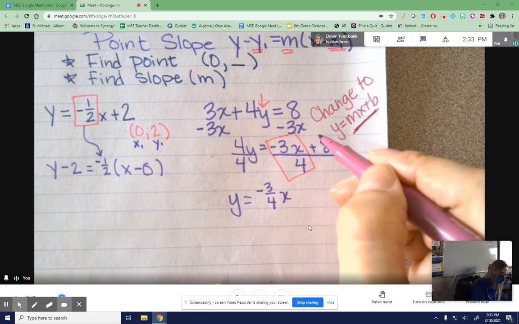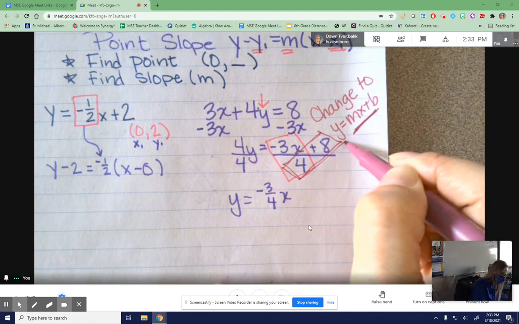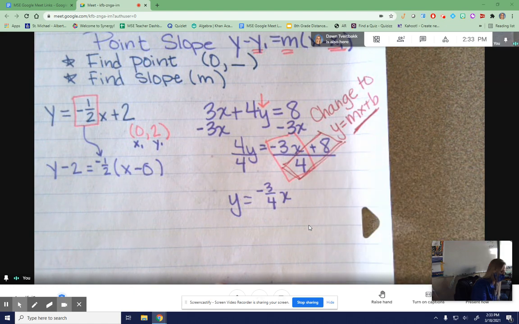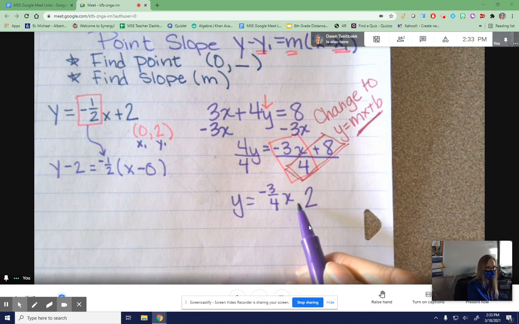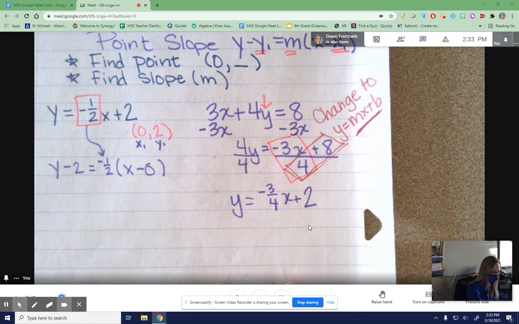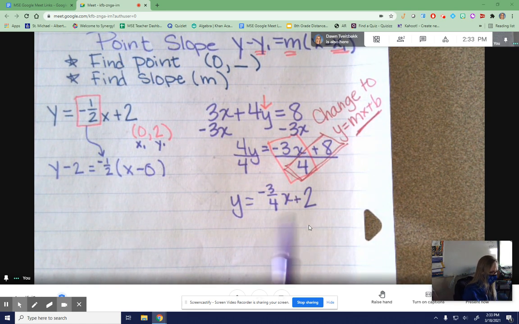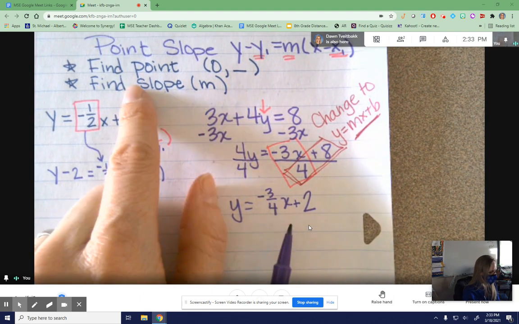Then we have to take the 8 and the 4 and divide them. What's positive 8 divided by 4? 2. So then I have a 2 sitting here. What sign should I put here? Plus, because a positive 2 is my answer. Had it been a negative 2, I'd say minus 2. Is this my final answer right here? No, because I'm working on a point slope answer.